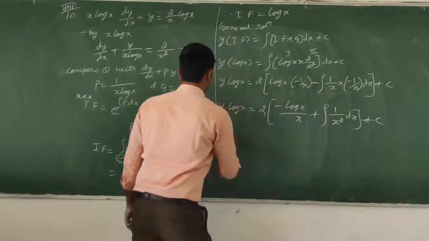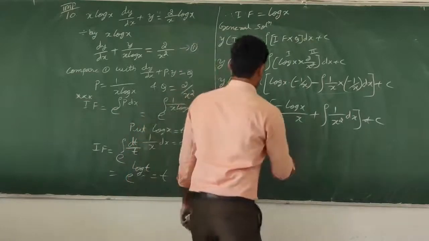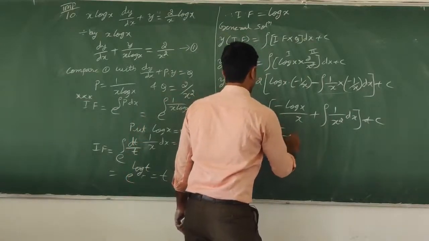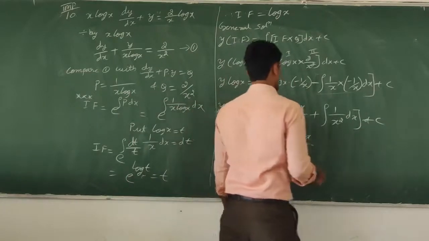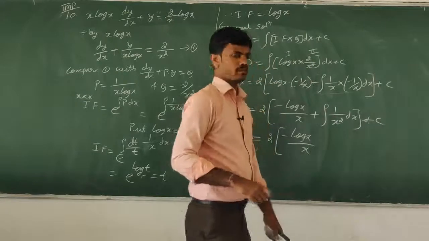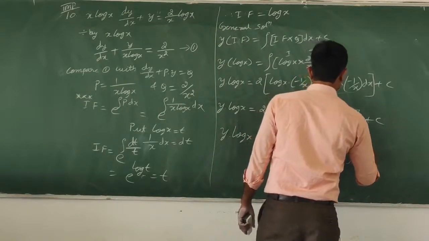Now again y into log x is equal to 2 into minus of log x by x, again integration of 1 by x square is minus 1 by x, minus 1 by x plus c.